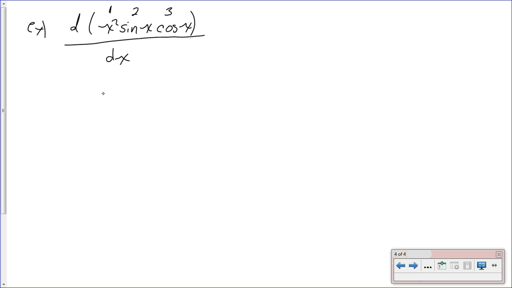Well, now that kind of messes up our rhyme, doesn't it? In a way it does, but in a way it doesn't. Remember how it was the first one times the derivative of the last one? Well, now it's 1, 2, d3, and then you're going to have 1, d2, 3. Then you're going to have d1, 2, 3.